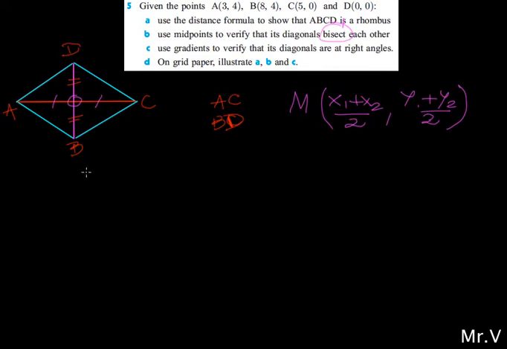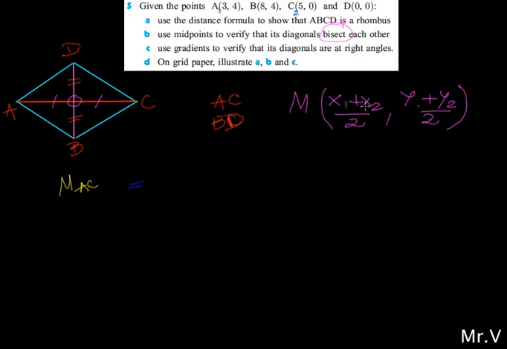I'm going to find first the midpoint for AC. Okay, so I'm going to decide that my A is going to be my first point and C my second. Okay, so I know this is x, y, x, y. Let's do it.